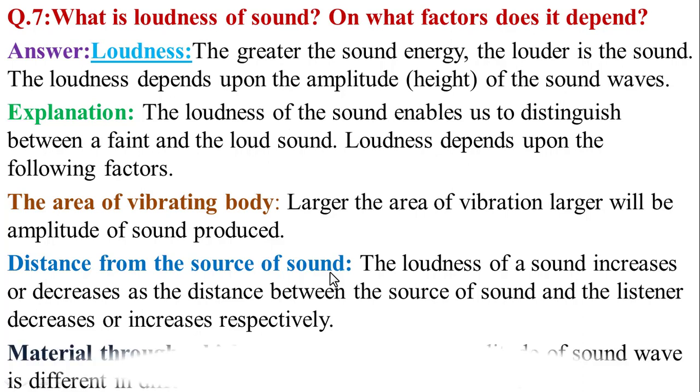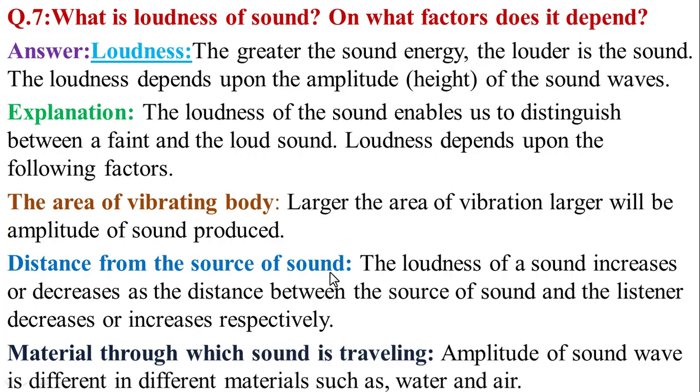Now we will discuss the material through which the sound travels. We can say that the amplitude of a sound wave differs in different materials such as water and air.